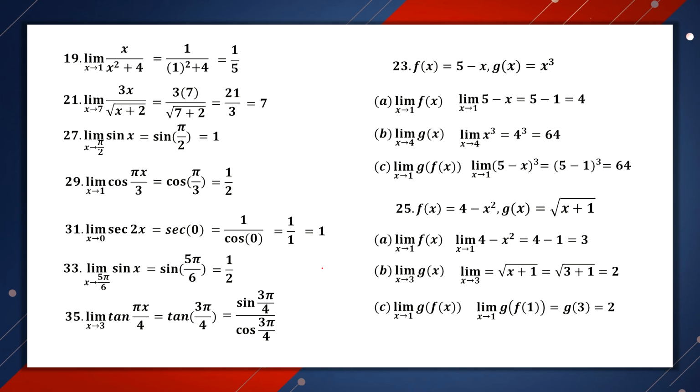And for b, the limit of x to 4 of g(x) is x cubed, which is 4 cubed, which is 64. And for the limit of g of f(x), we first get f(x), which equals 1 so we get 5 minus 1, and which is also 64.